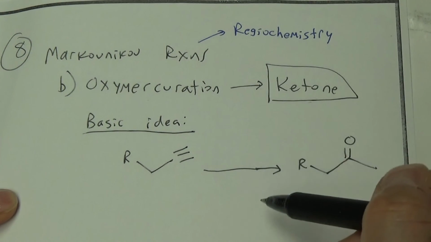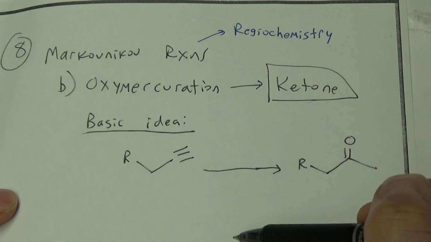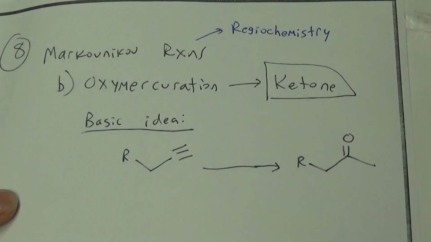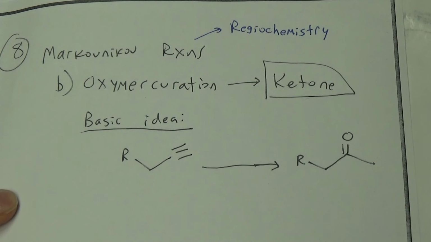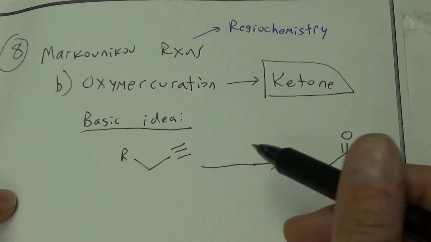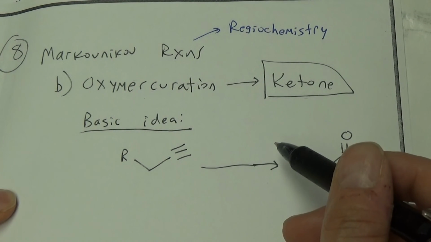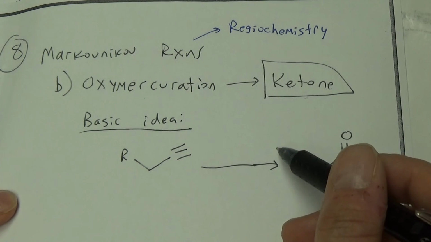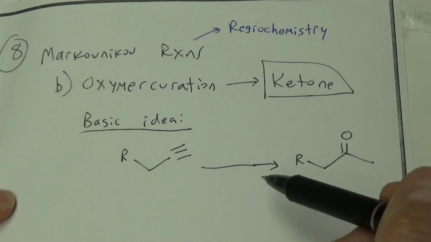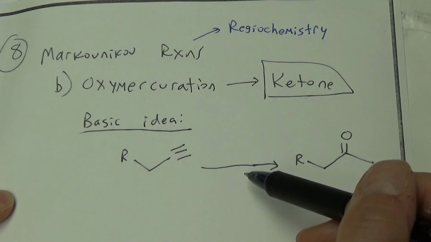Now you might immediately say, well, I know what the reagent is. You think back to your alkene reactions, and you're thinking, I know that mercury acetate does this, right? Well, this is one of those frustrating examples where alkynes and alkenes use a slightly different reagent.